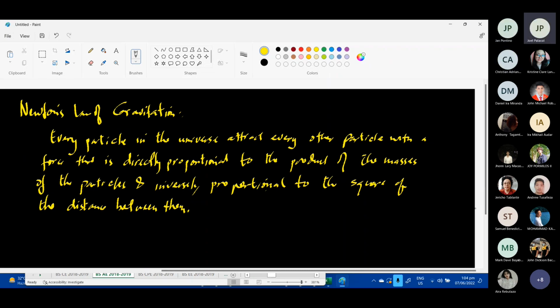So every particle in the universe attracts every other particle with a force that is directly proportional to the product of the masses of the particles and inversely proportional to the square of the distance between them. So if there are two masses, let us denote them as M1 and M2.